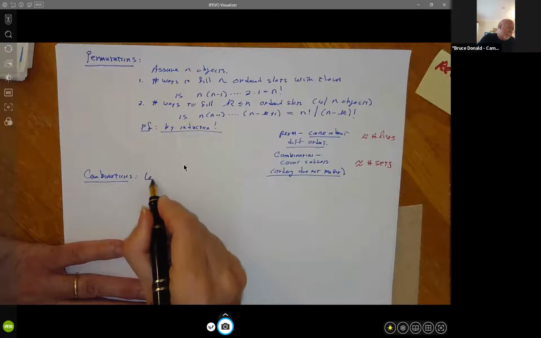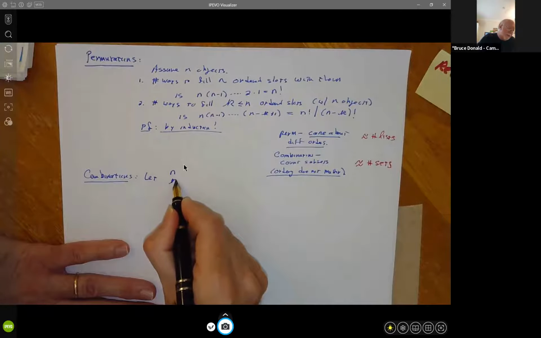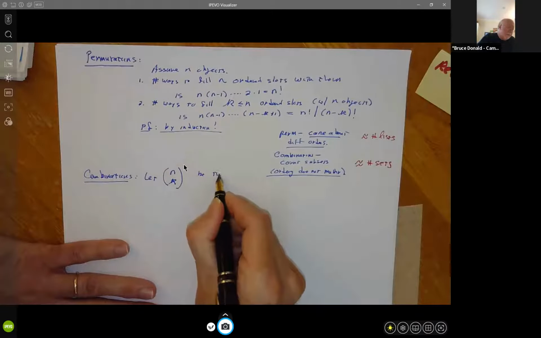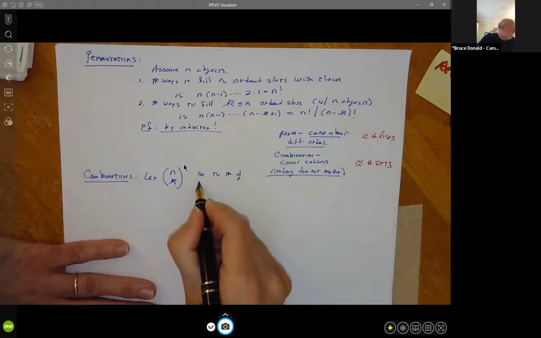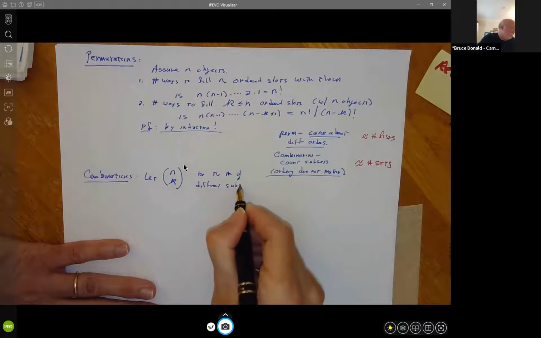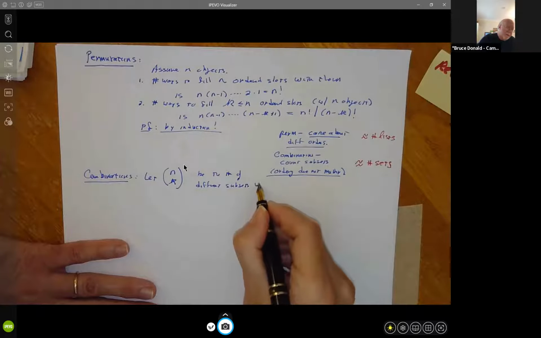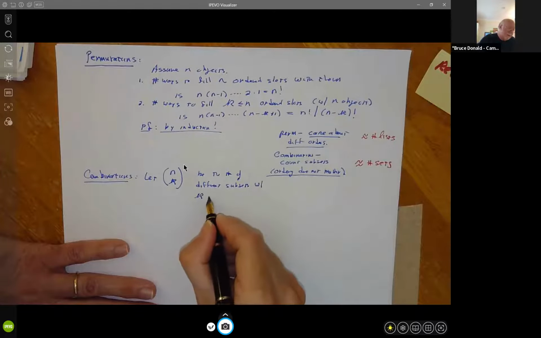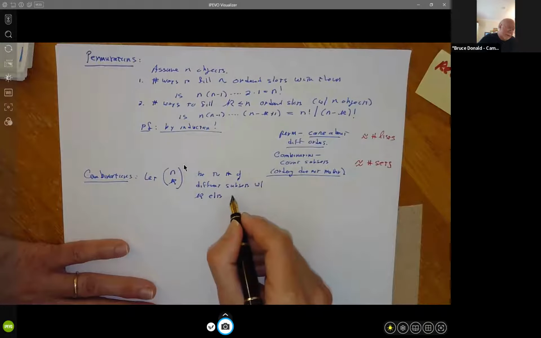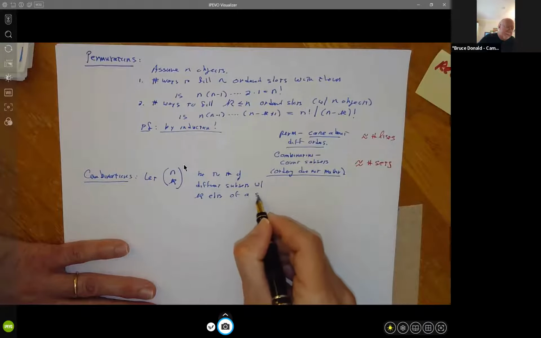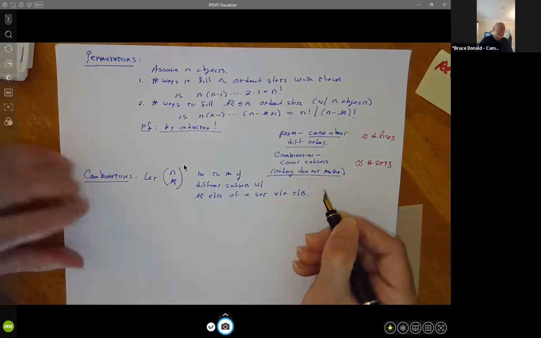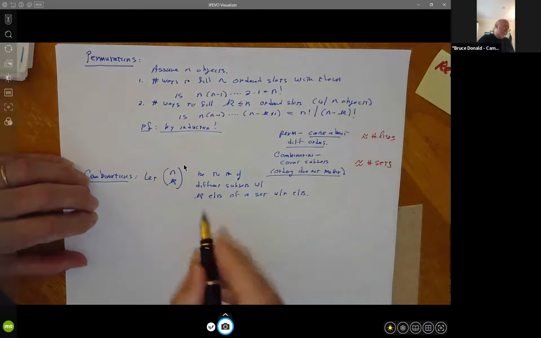I'm going to say let this strange beast here, which is pronounced n choose k, be the number of different subsets with k elements out of a set with n elements. And again, this is pronounced n choose k.